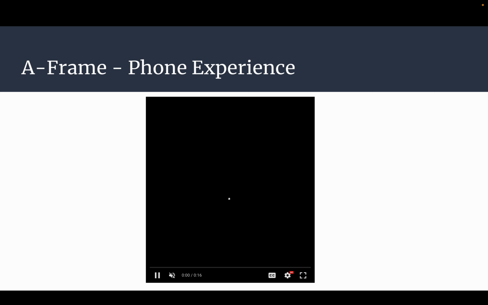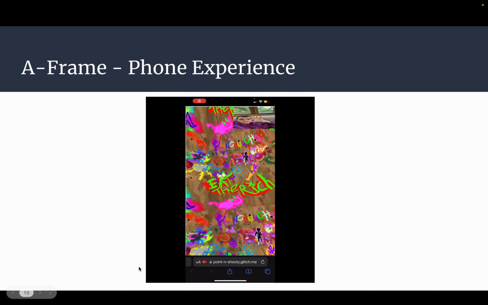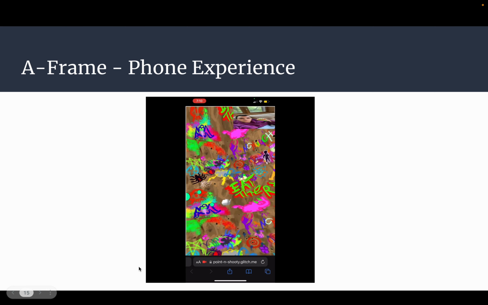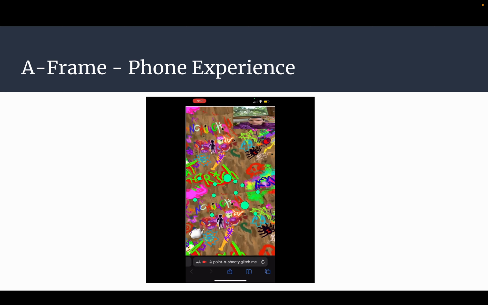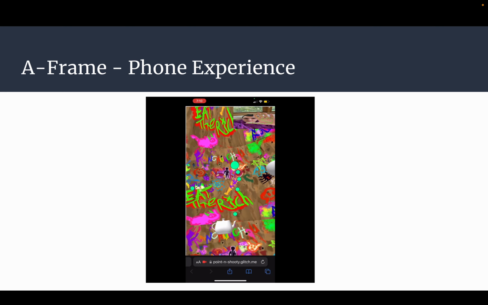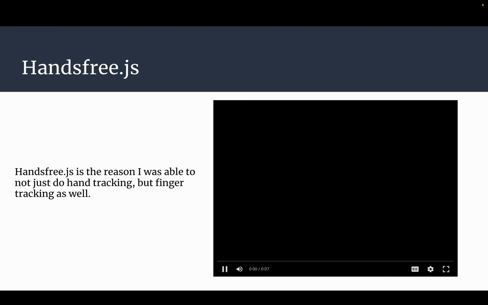So let me just show you the phone experience, because another great part of VR is this phone experience. Oh, there we go. So here's the phone experience, where you can see it doesn't do a great job of tracking hands. This is one of the examples of screens that it can't create the sphere on, but the fact that it still works is pretty great.